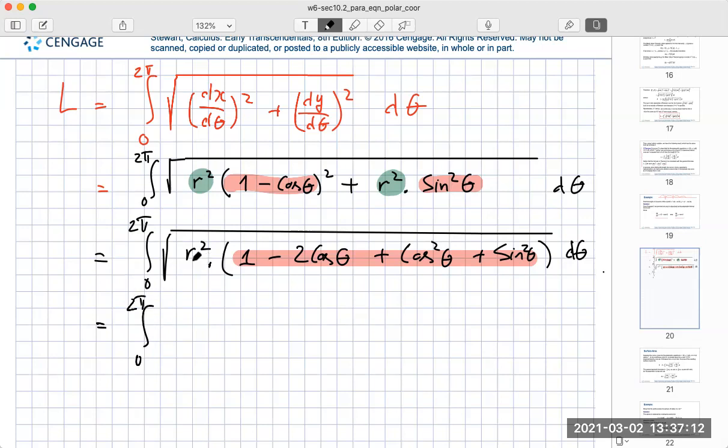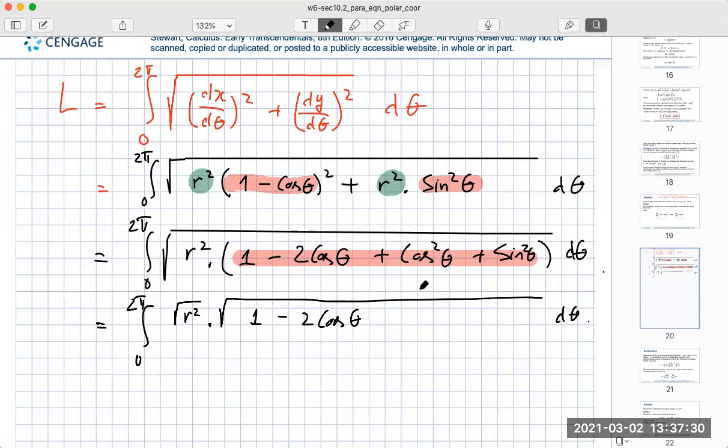So now here is square root of r squared times something else. We can write it as square root of r squared times square root of the other terms. And here 1, we just rewrite it, minus 2 cosine theta. This guy is 1. Very well.